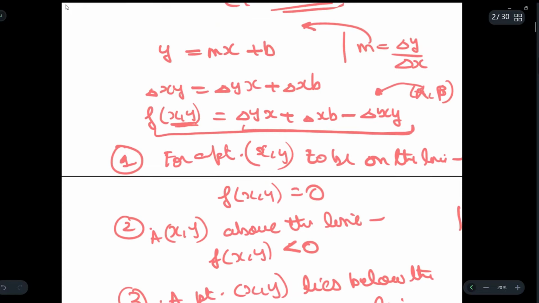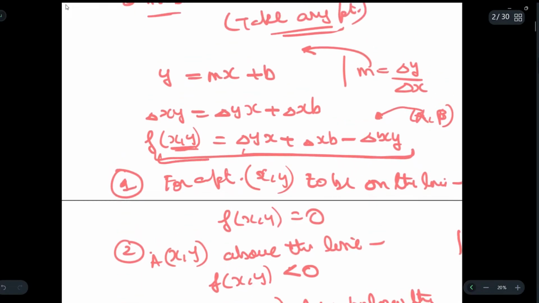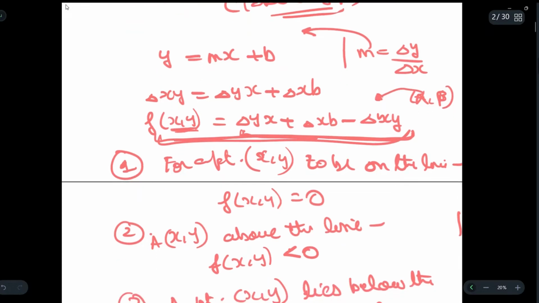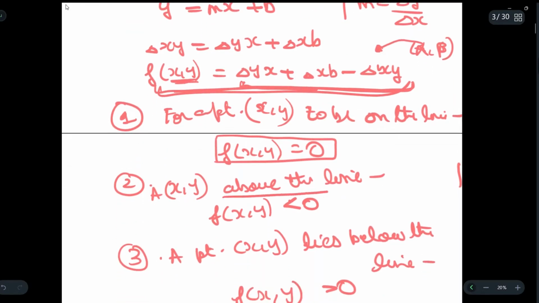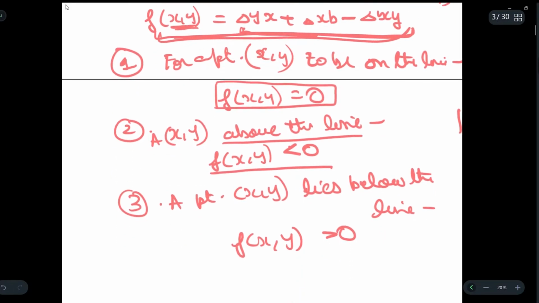That is, we have considered three cases for this function. If we have a point which lies on the line, then the value of f(x, y) will be 0. And suppose if we have a point which lies above the line, then f(x, y) will be less than 0. And suppose if we have a point which lies below the line, then we will have f(x, y) greater than 0.